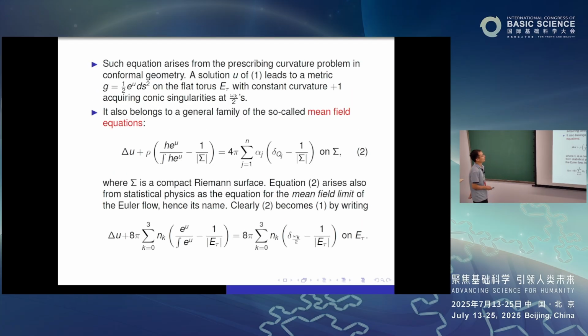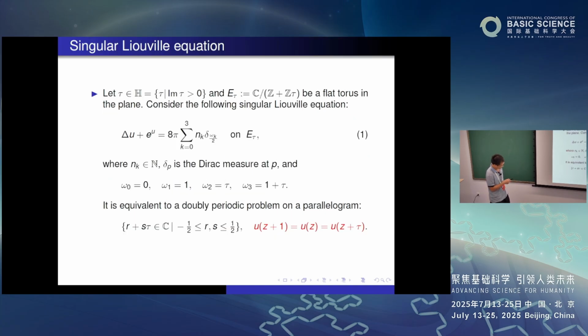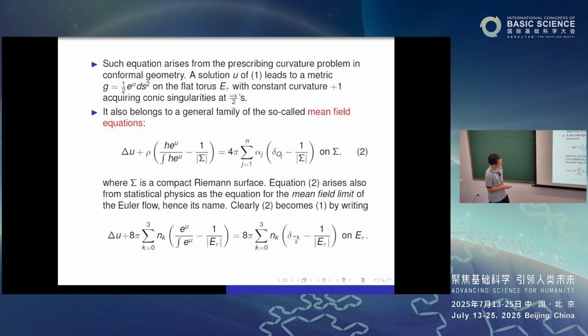So it also belongs to a more general family of the so-called mean field equations on any compact Riemann surface. Here are the Dirac measures, and this equation arises from statistical physics, the so-called mean field equation. This equation can be written in this form. So it is a special case of this general mean field equation.